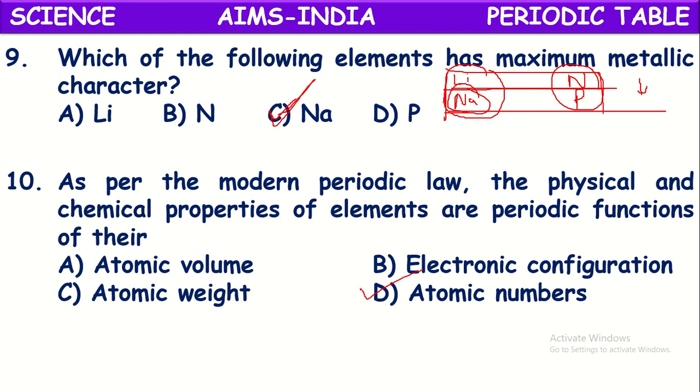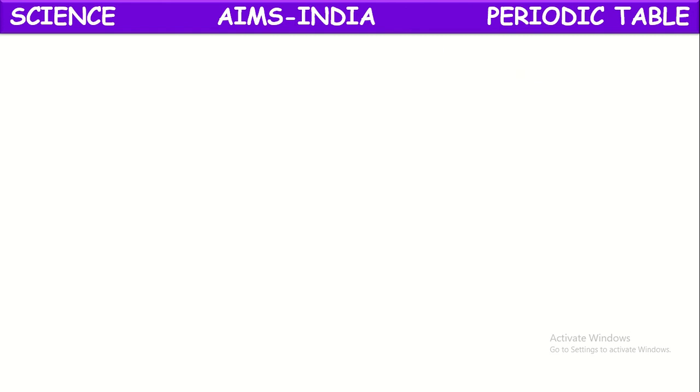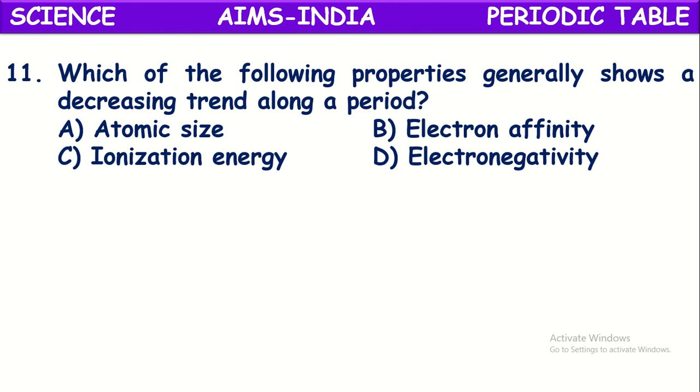Okay, based upon the atomic numbers; later electron configuration is also taken into consideration. But the principle is given as: the physical and chemical properties of the elements are periodic functions of their atomic numbers.